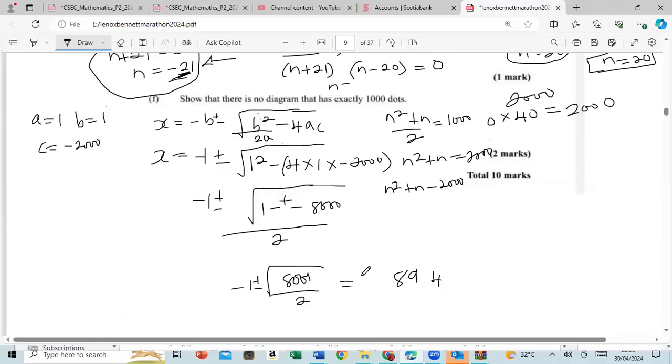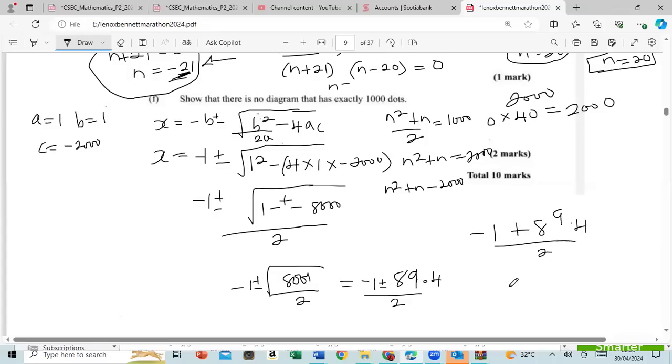So this now will be minus 1 plus or minus the root, over 2. And then we work out the values of x. So when you have negative 1 plus 89.4, and then we divide by 2, we get the x value.